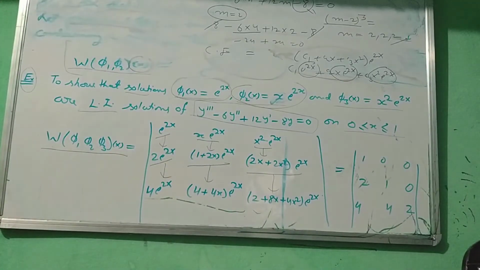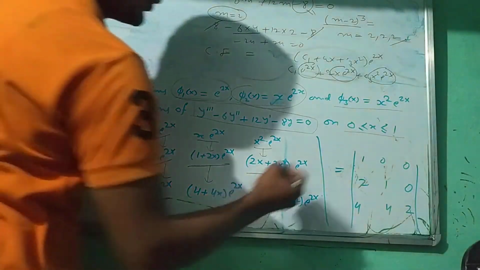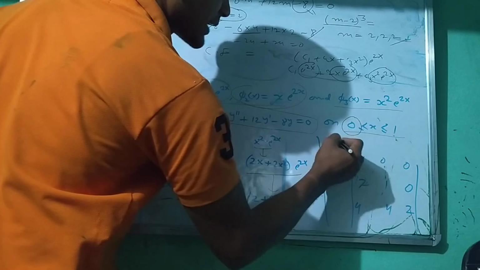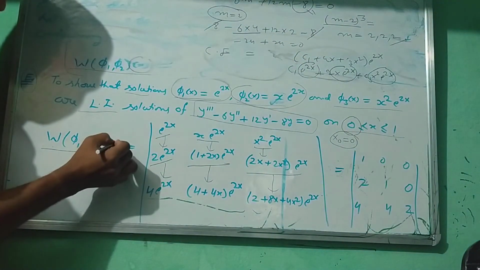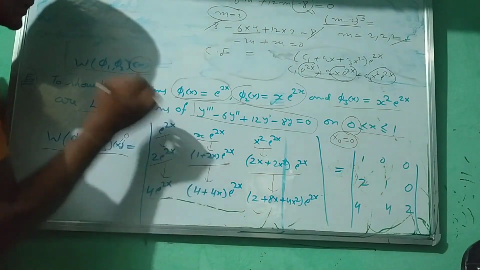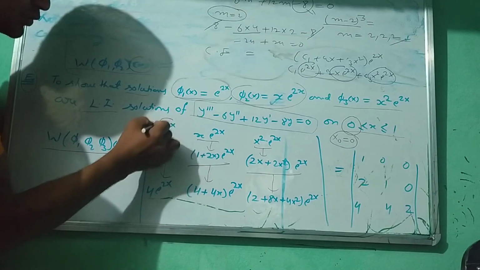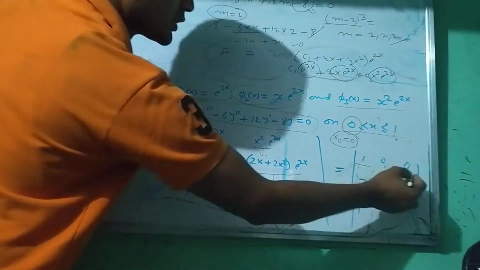The determinant is very complicated. For finding its value, we can take the initial point x naught equal to 0. At x naught equal to 0, we put x equal to 0, so e to the power 0 equal to 1, and 0 into something is 0.